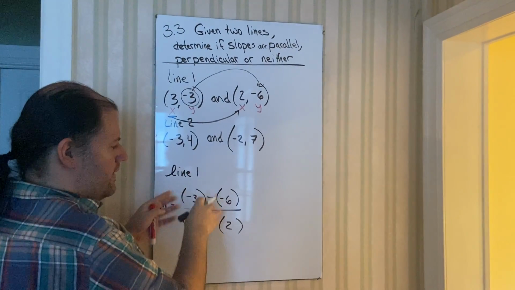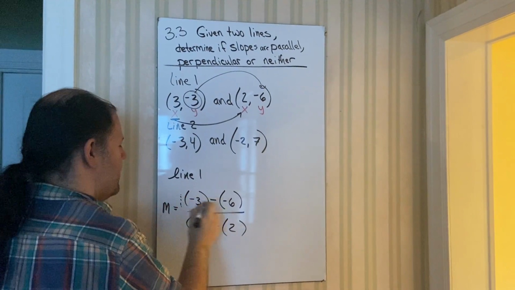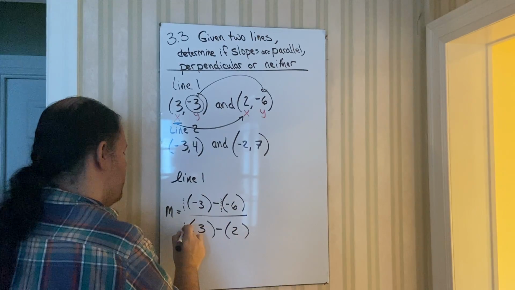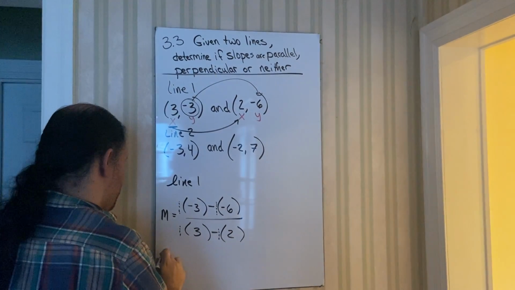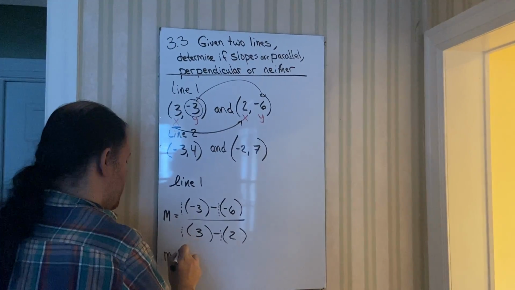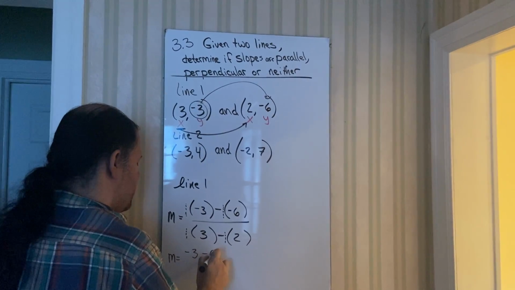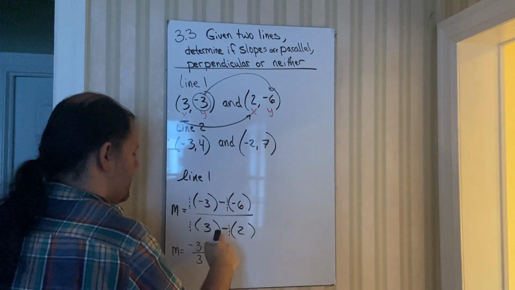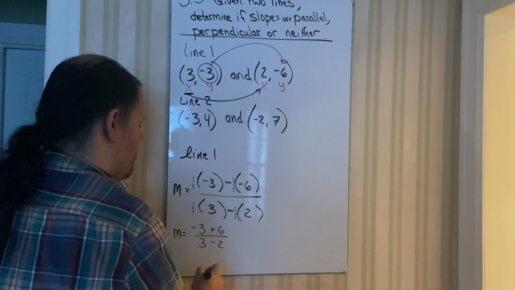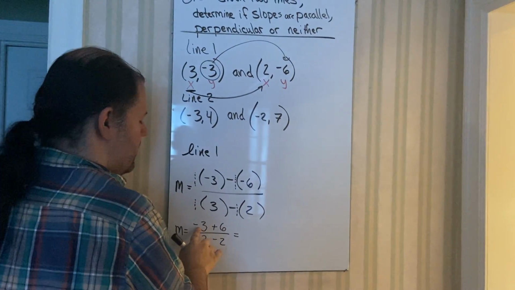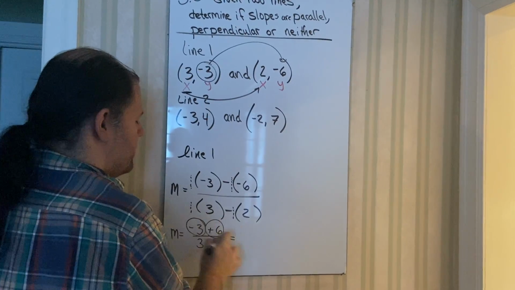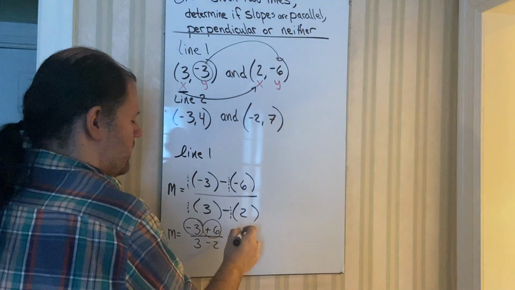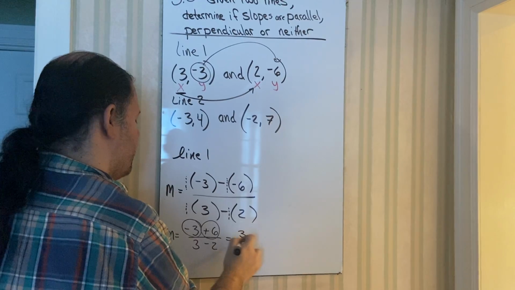Once I do that, then simplify. You'll have -3, plus 6, over 3, minus -2. Then you know that -3 and a +6, you're going to get 3.